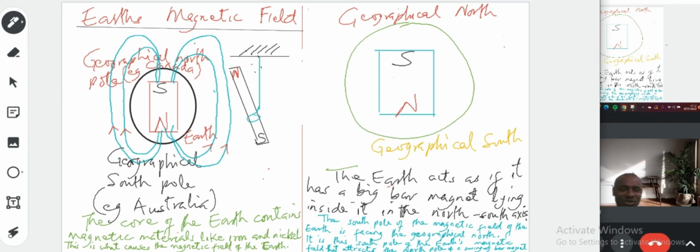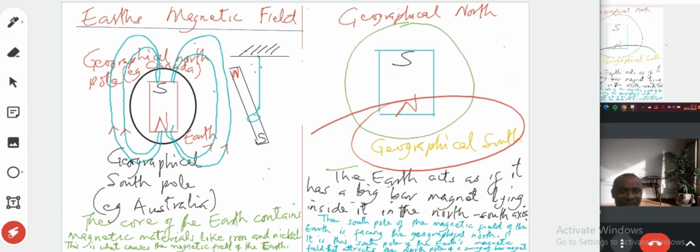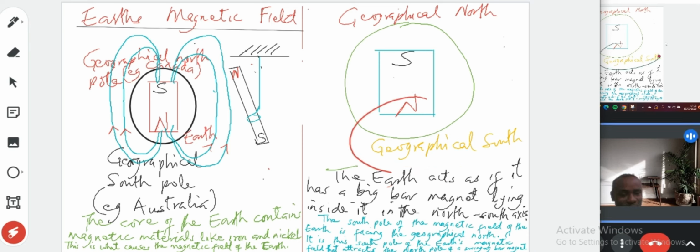So the north pole of the Earth's magnetic field is in what part? Geographical south. And the south pole of the Earth's magnetic field is in what direction? Geographical north.